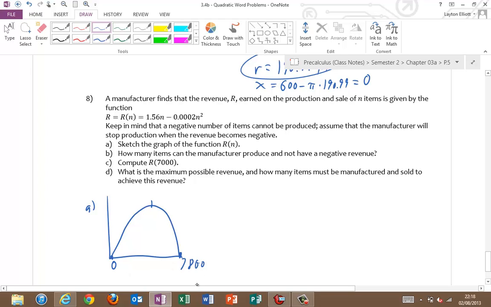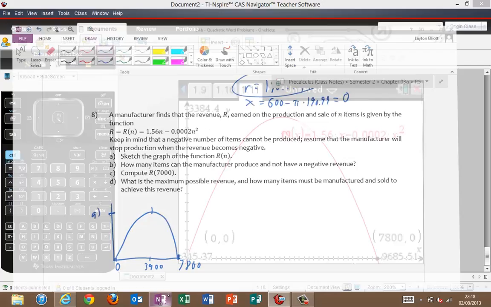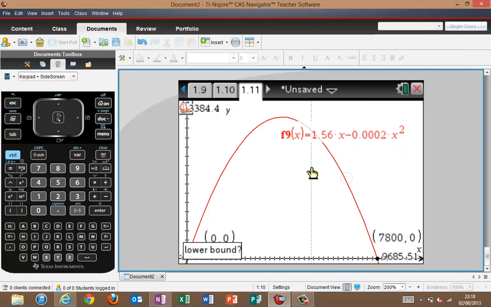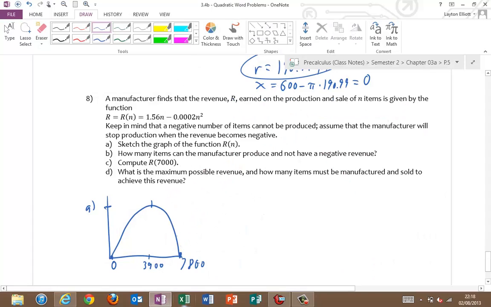My maximum is going to occur halfway between 0 and 7800, so I'm pretty sure that would be at 3900. But let's figure out what the maximum revenue is. I'm going to do a max analysis, and I have my max at 3900, 3042. I'm going to write that as an ordered pair, (3900, 3042).